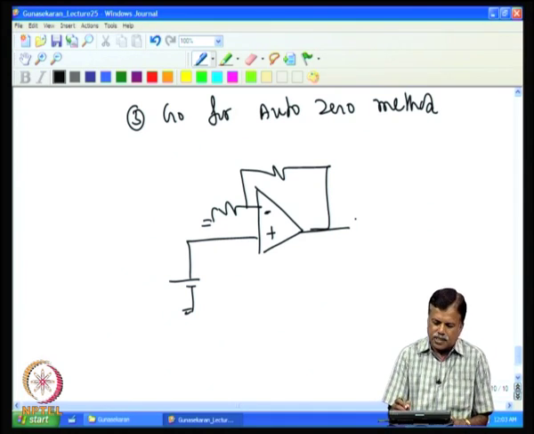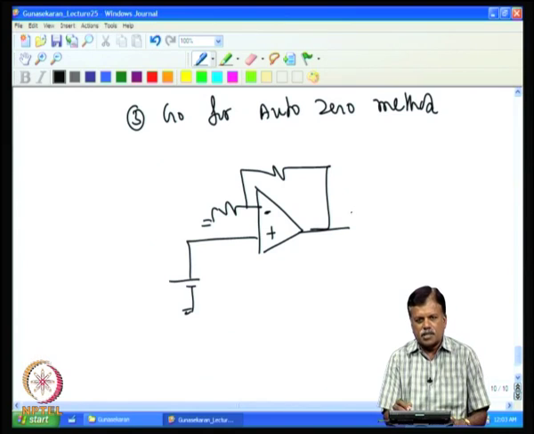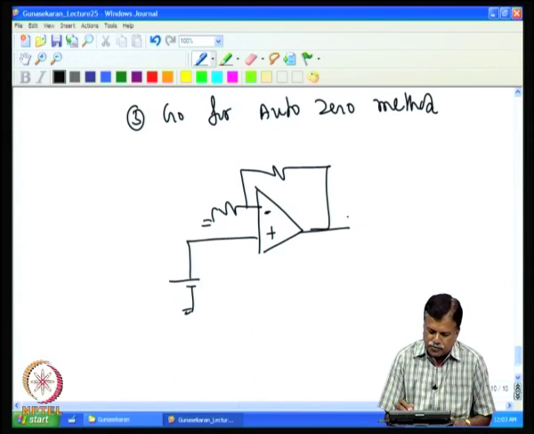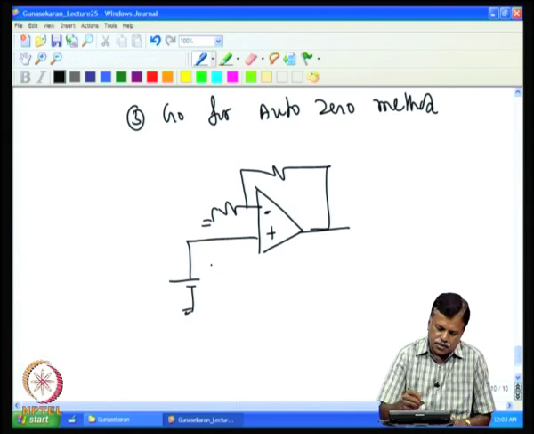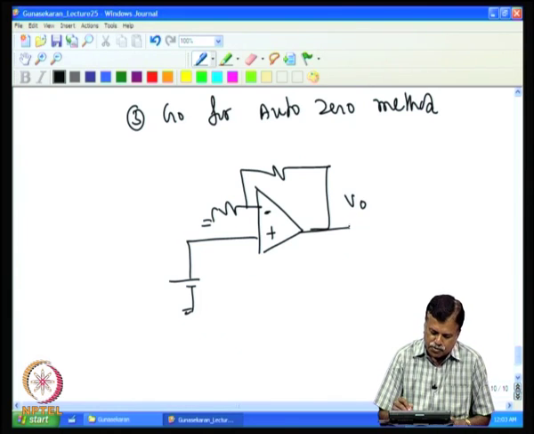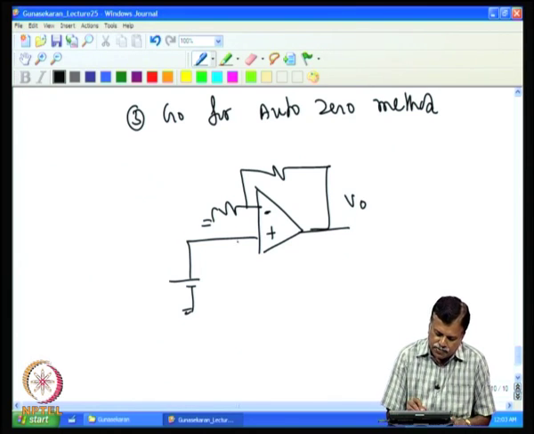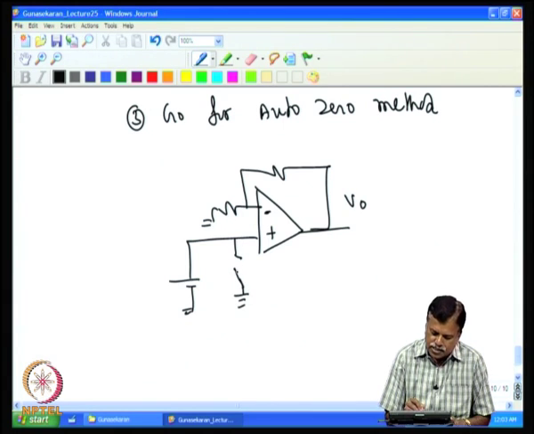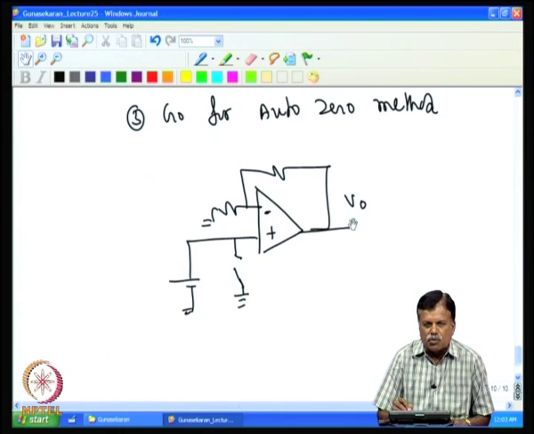Normally, if you want to make a measurement of this output voltage, what can be done is we can have a switch here. For example, I can have a switch and I can short this and make it ground. So, I expect 0 volt here, but normally you do not get 0 volt.